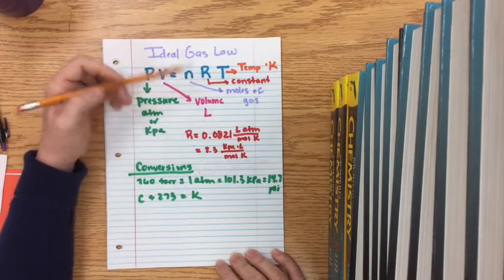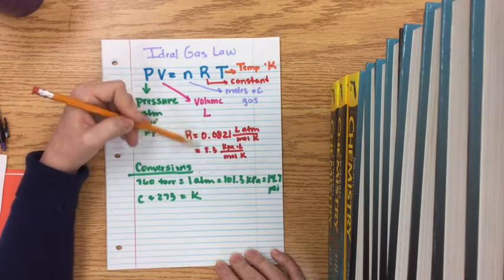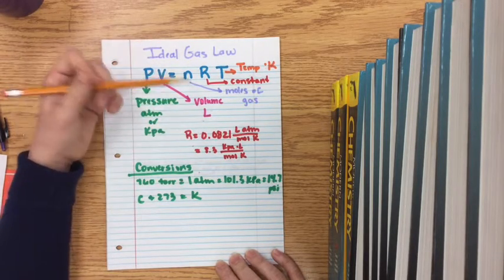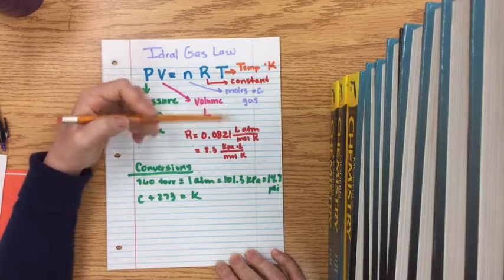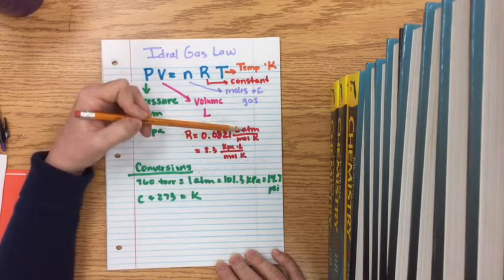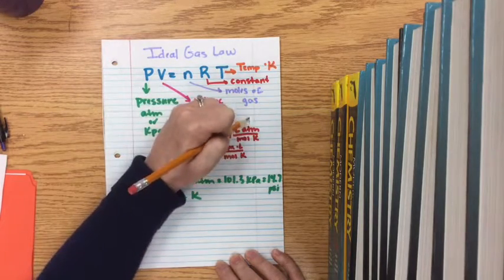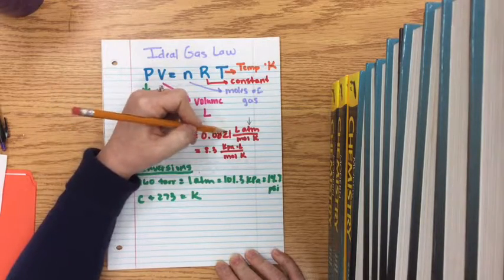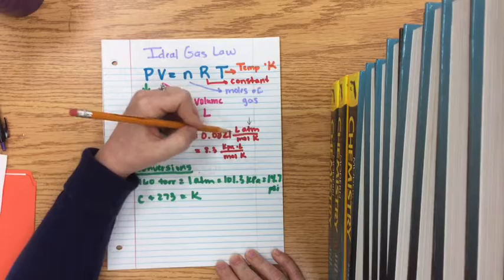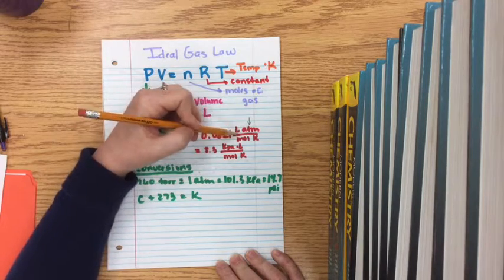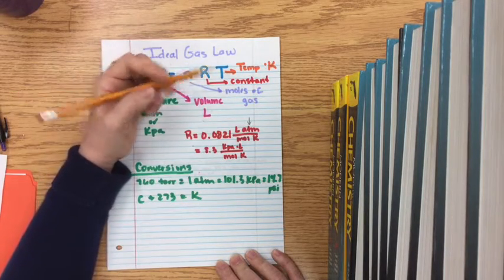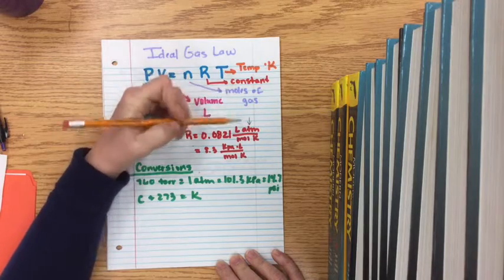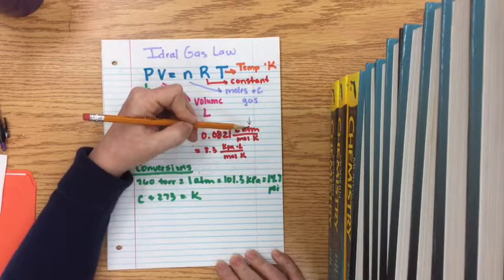So let's talk about this gas law constant. There are two different gas law constants, and it depends on the units that you're using in your equation. If you're using atm as your pressure, then you're going to use 0.0821, and we call it L·atm/mol·K, liters times atm over moles times degree Kelvin. And that is our gas law constant when we're using atm as our pressure unit.